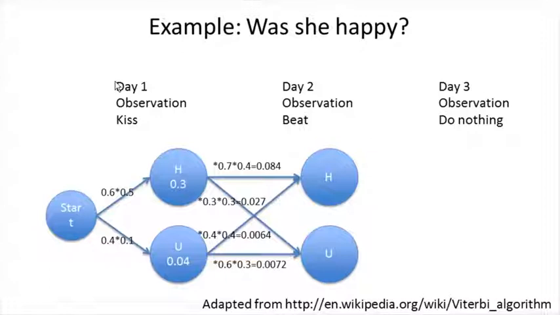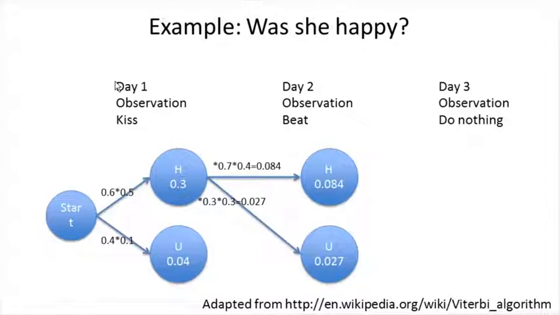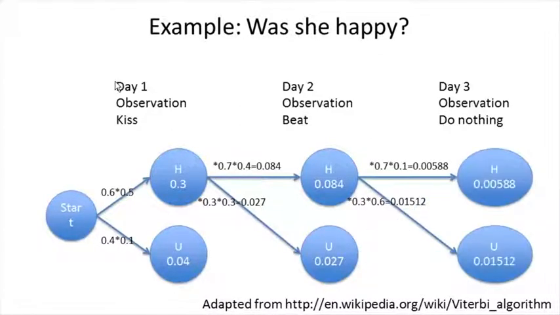And we take the higher probability. 0.084 is higher than 0.027, so we get this path, and also this path for the unhappy status, and similarly for the third day.